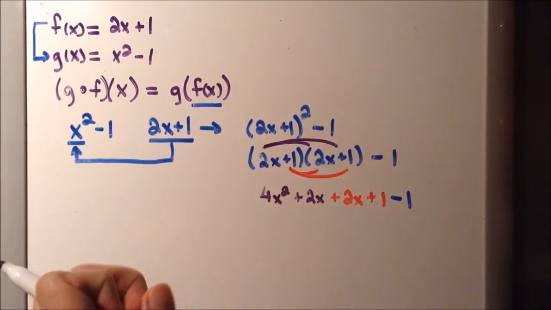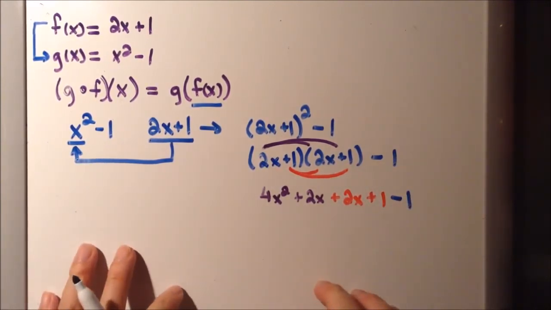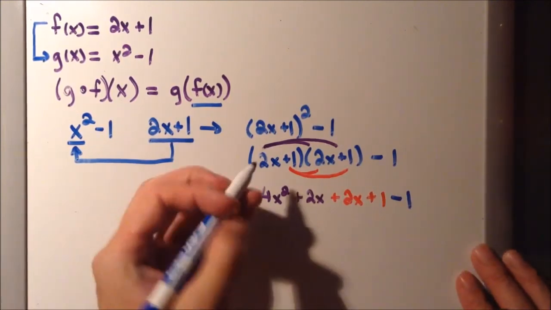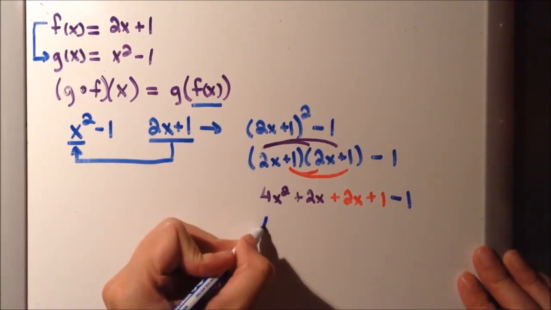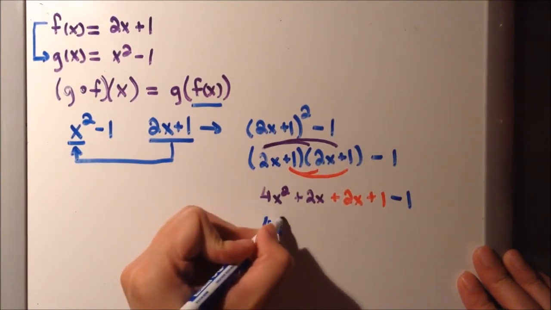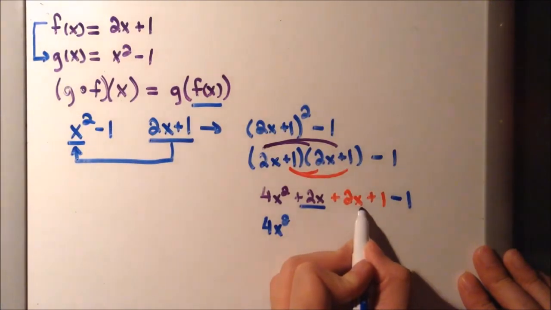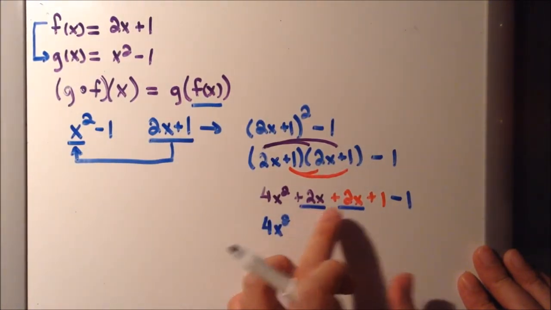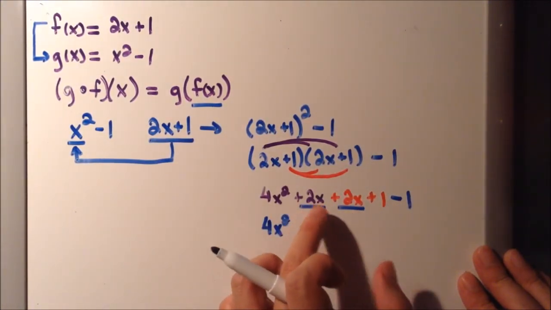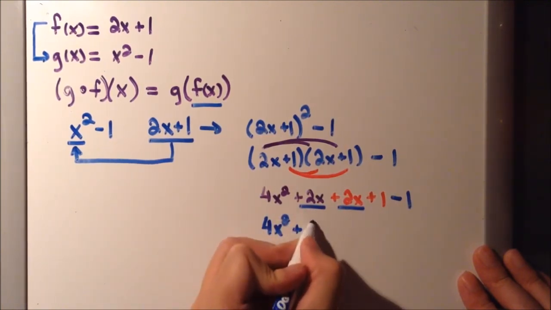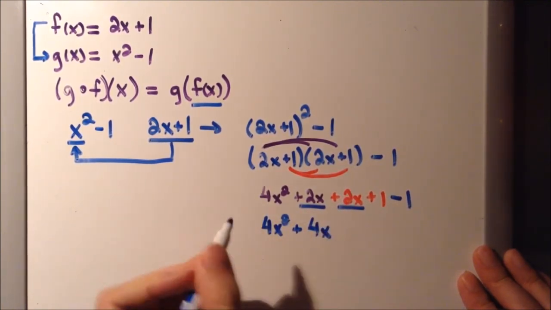Alright, now we're going to combine like terms. Let's see. There's no more x squared. So what I'm going to do is bring down that 4x squared. Now, here we have multiple x's. So we're going to combine these two. 2x plus 2x, well, that's just 4x.